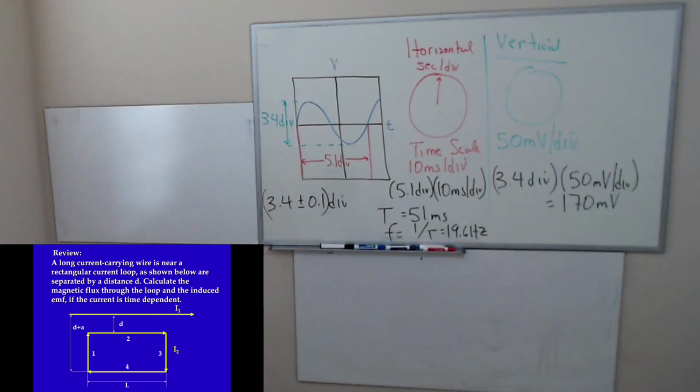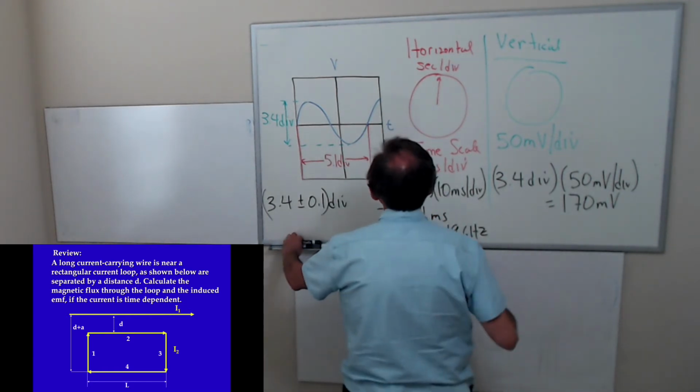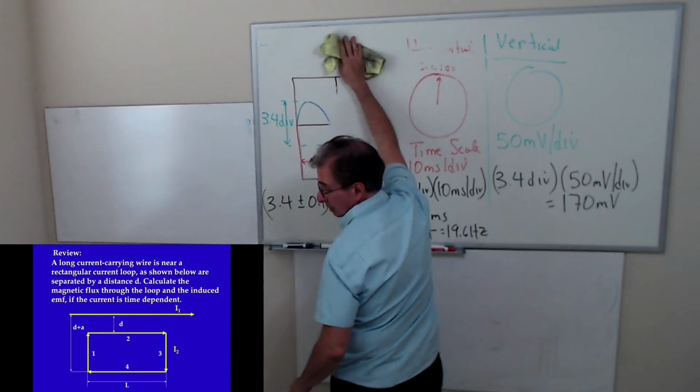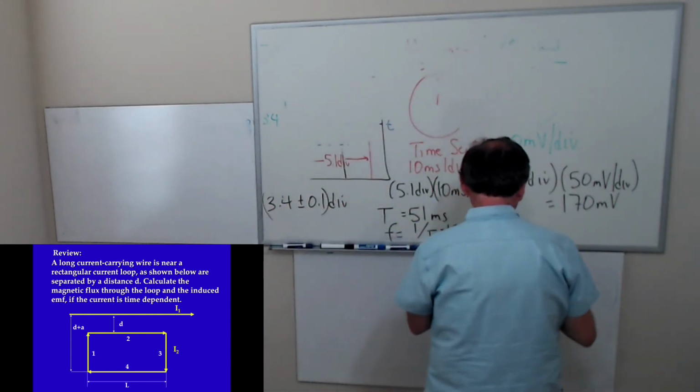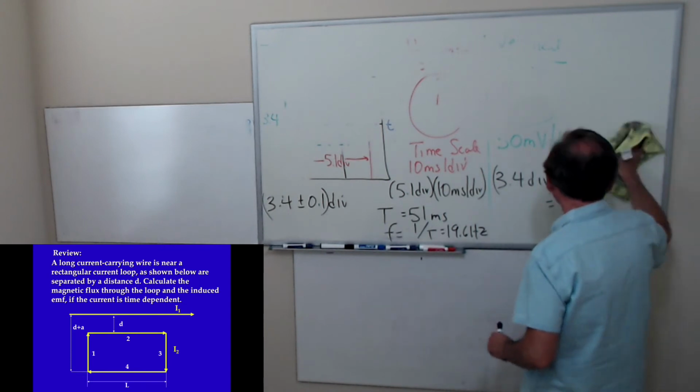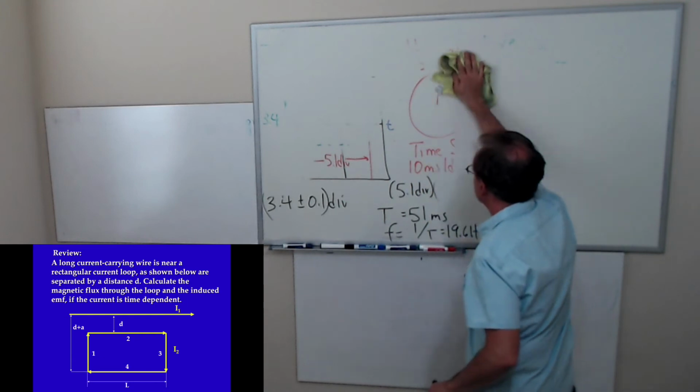So let me set this up on the board. This is really kind of a typical problem that you see in the textbook. There's not a lot of problems like this that are actually easy to integrate. A lot of them, the integrations are very difficult.